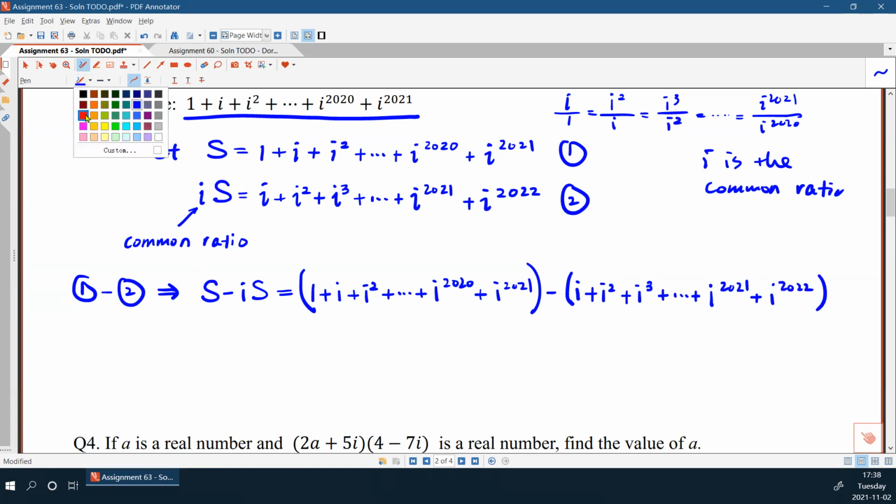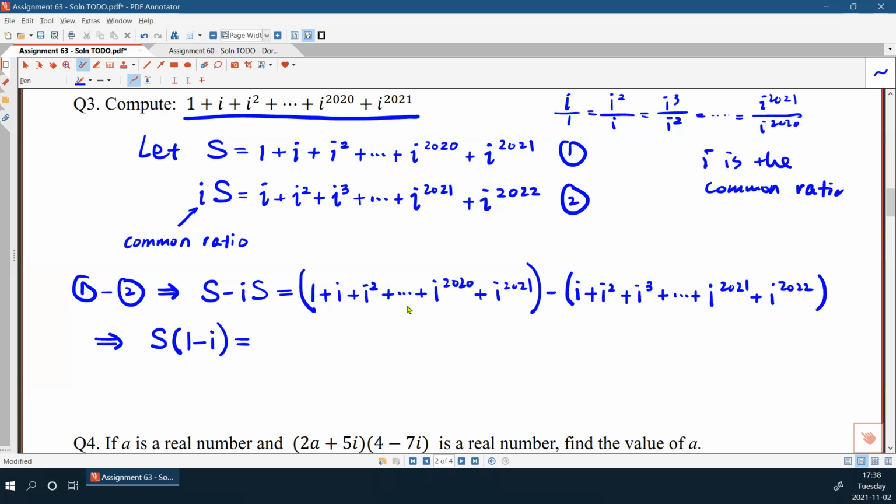Then you can see that, first of all, on the left side, S is a common factor which can be put in front, and what's left is 1 minus i, right?